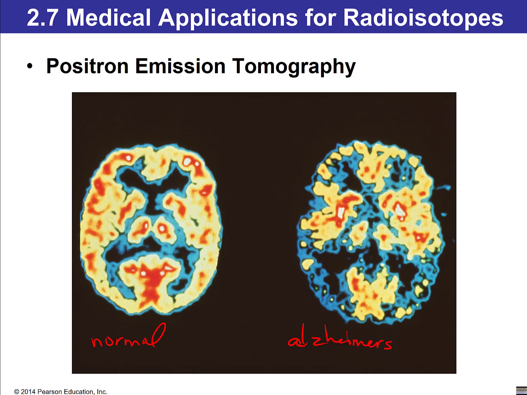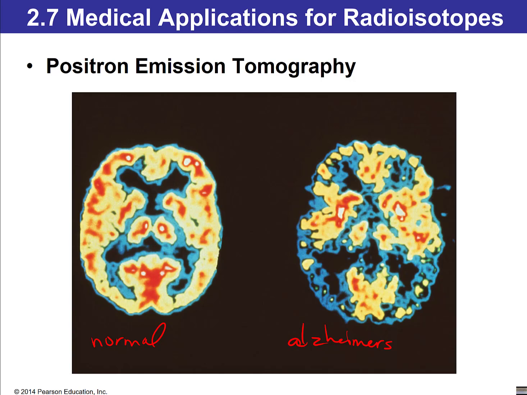On the left is processing of memory by a normal person. So the red areas show activity, the yellow is lowered activity, the blue is less activity, and the black is no activity. So you don't always need to use all parts of the brain for all processing. So you can see activity scattered throughout.